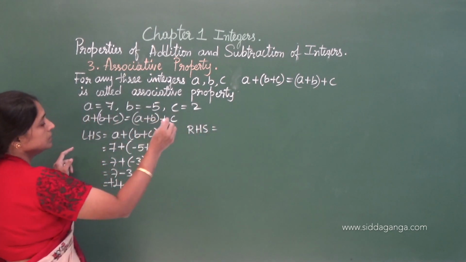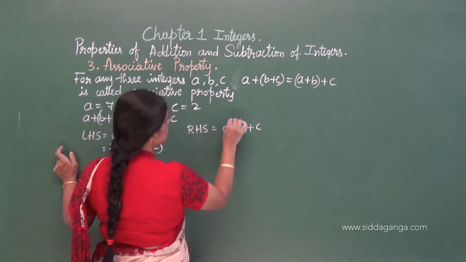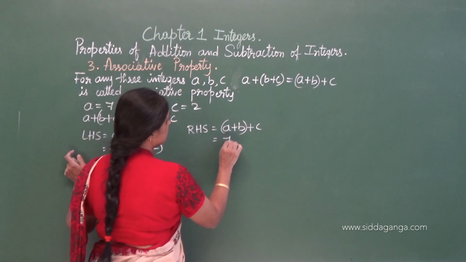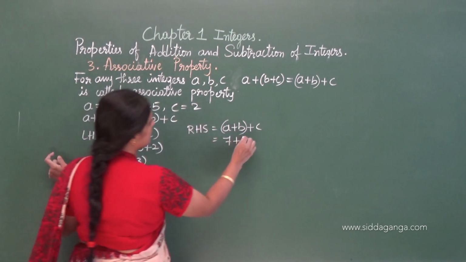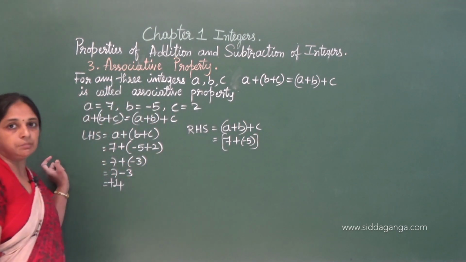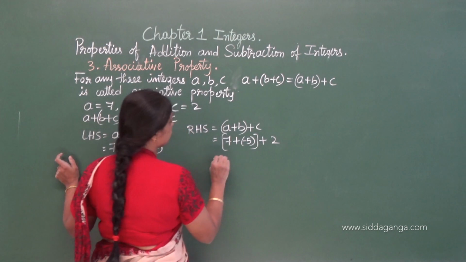Then for RHS, that is equal to (A plus B) plus C, that is A is 7 plus B is -5, put -5 in bracket, plus C is 2.